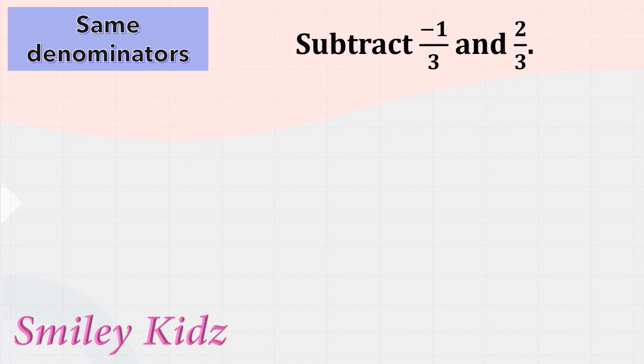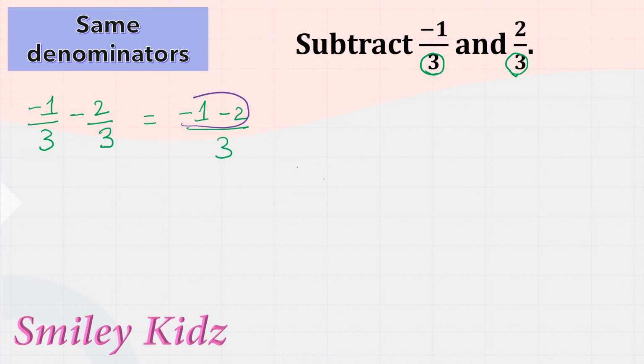Same denominators. Subtract -1 by 3 and 2 by 3. Here we are having same denominators. So we will be simply subtracting the numerators. -1 by 3 minus 2 by 3, which is equal to -1 minus 2 by 3. -1 minus 2 will be equal to -3 by 3.